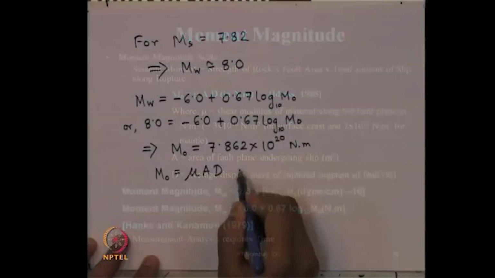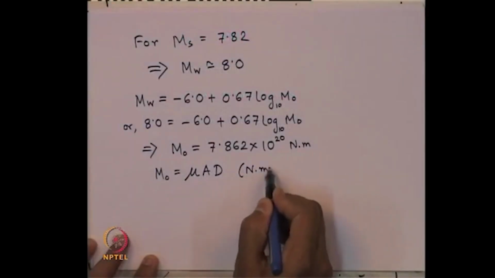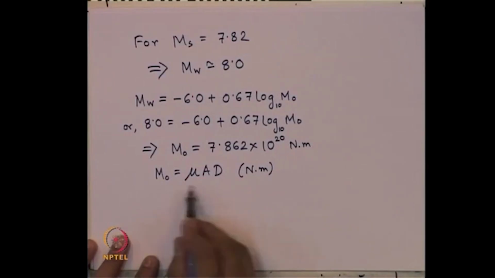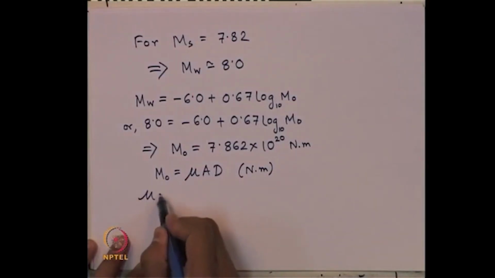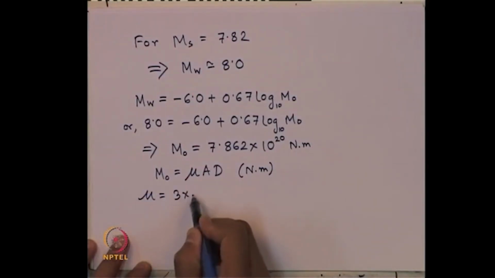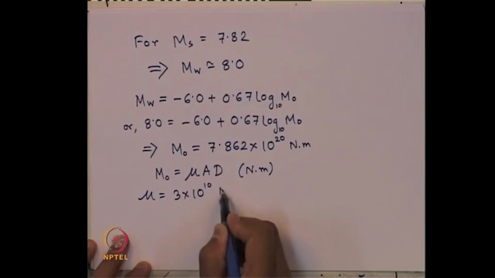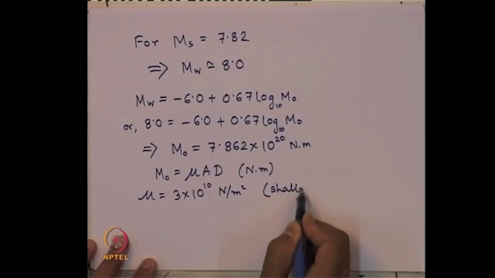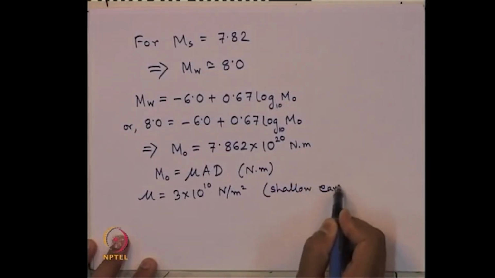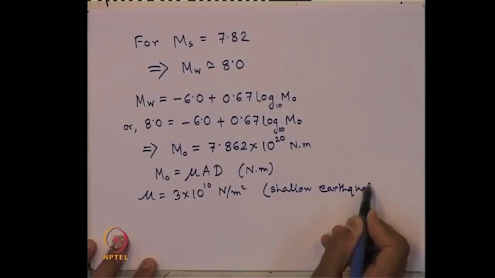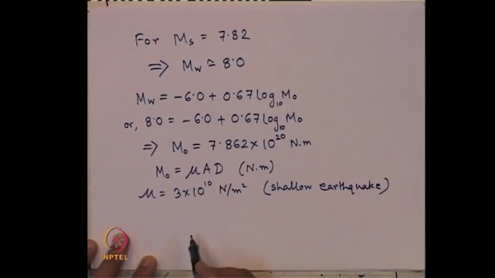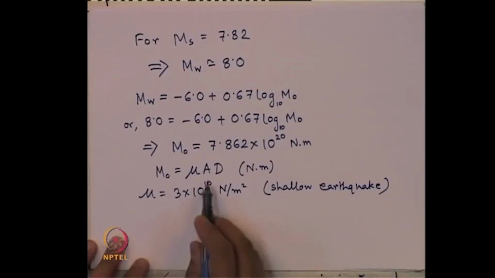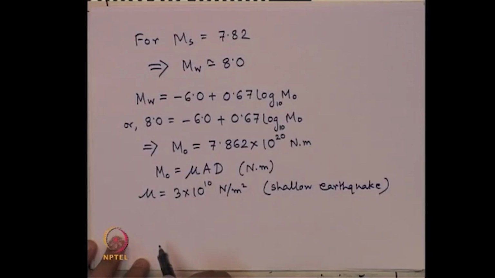So, in Newton meter unit, M naught equals mu A d, where mu is known to be 3 into 10 to the power 10 Newton per meter square for a shallow earthquake, and A is the fault area in meter square. So, what is the fault area in meter square?